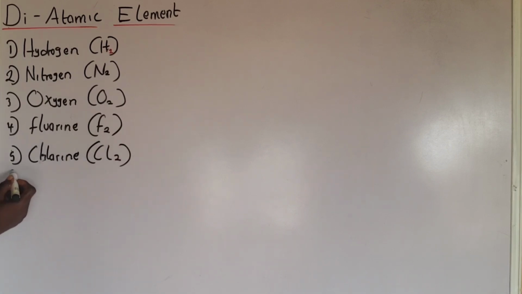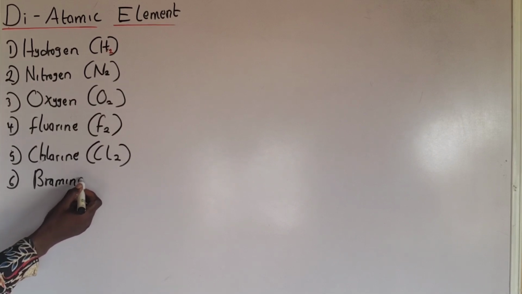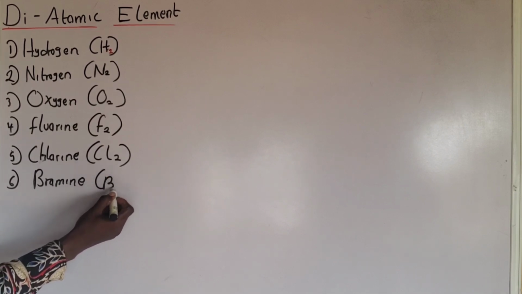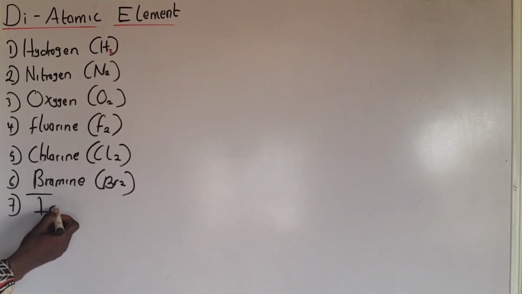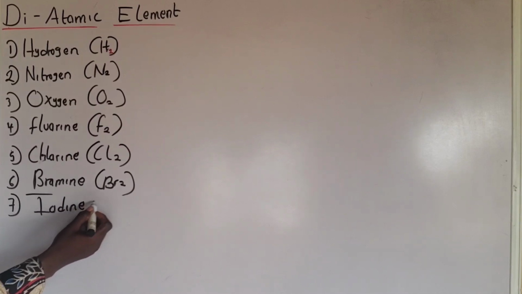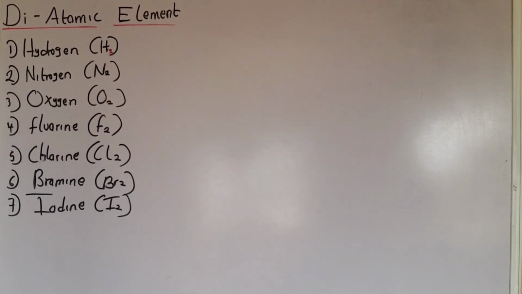We have bromine, that is Br2. Then we have, which is the 7th, iodine, that is I2. These are the 7 diatomic elements that we have on our periodic table.